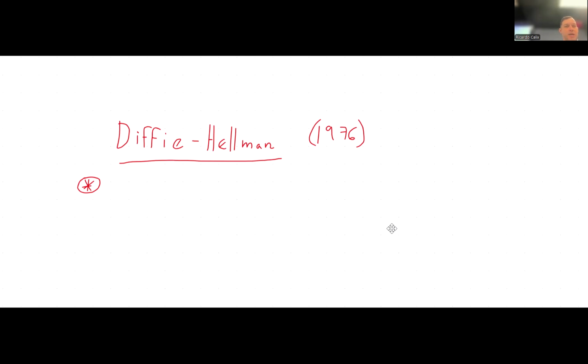But for now, we're going to say Bob and Alice select or agree on P, which is a prime number, and G. These are parameters that they have to agree on, P and G. But after that they can change them.